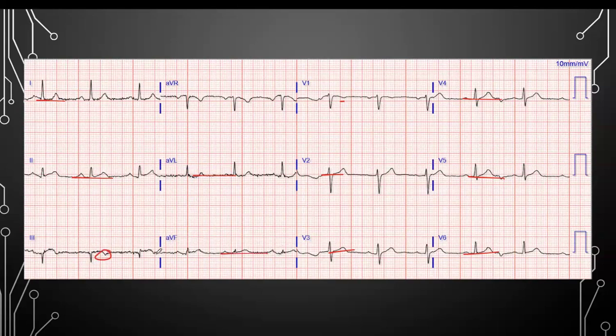Now remember one thing: sometimes it might look a bit elevated, but it has to be at least more than 1 millimeter high. And it's not just one lead which will be elevated. If it is an inferior MI, leads 2, 3 and aVF, all of them should be elevated.